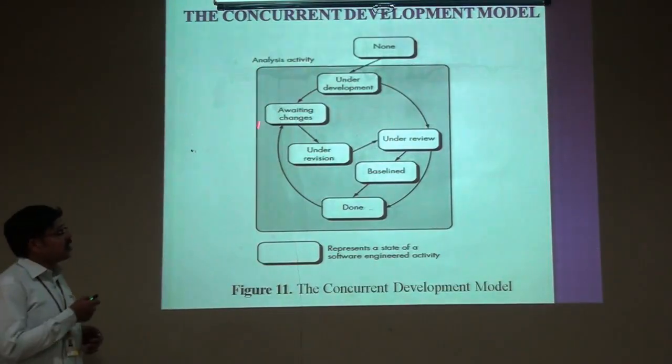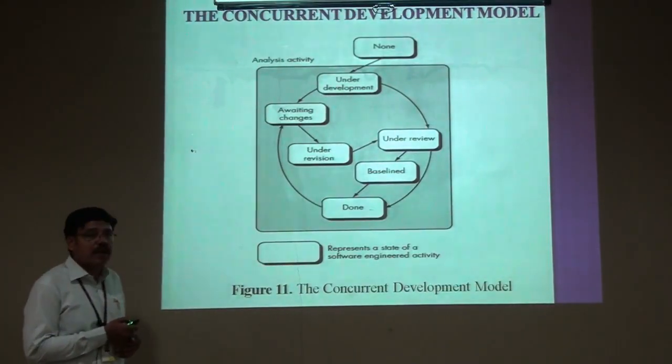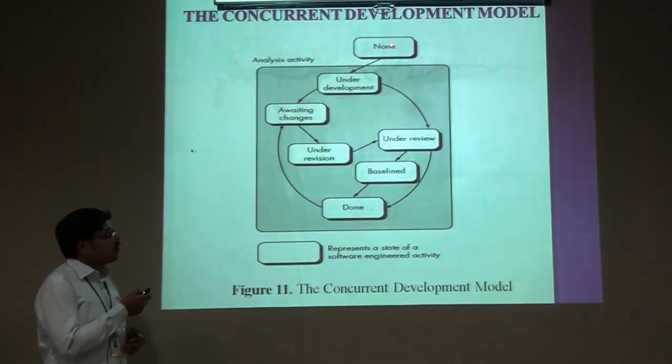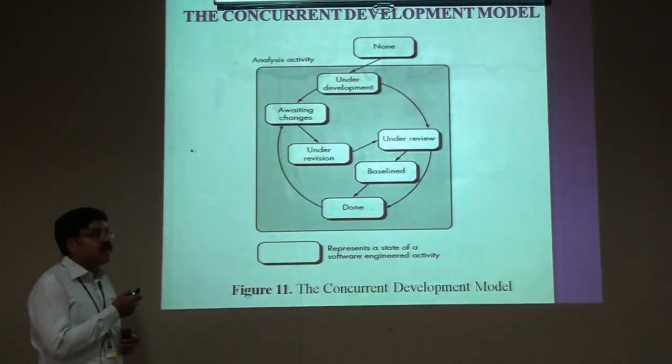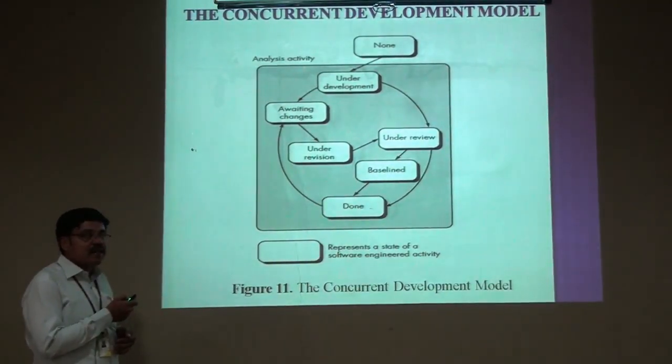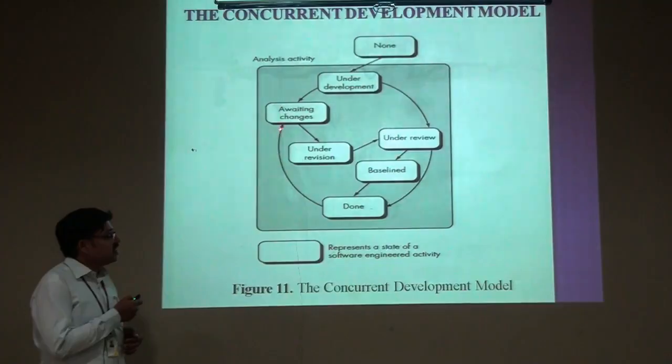So this is the process model diagram of the concurrent development model. It will be in the none state in the initial stage. Once it moves from none state to under development state, then the analysis activity has started. Once the analysis activity is started, it moves from the under development state to the awaiting changes state.